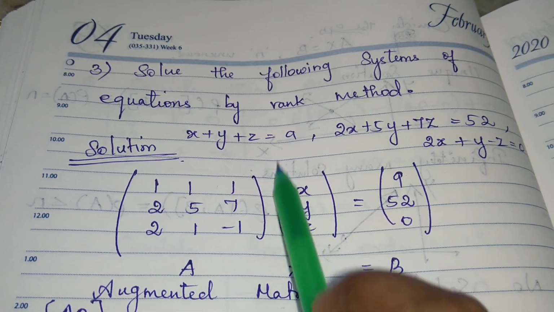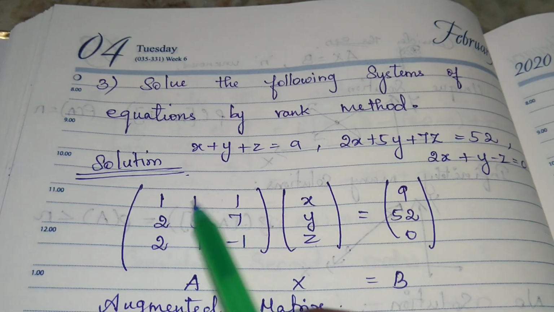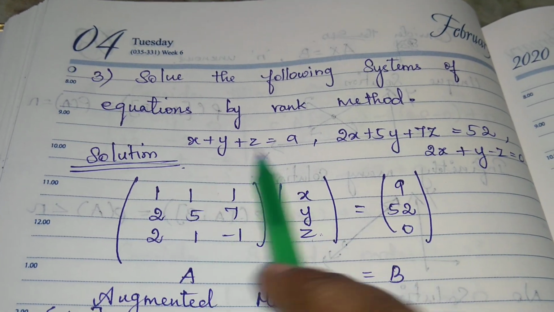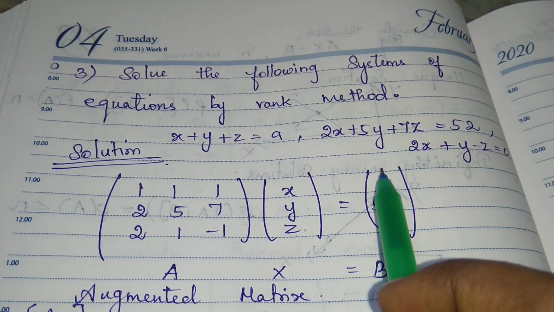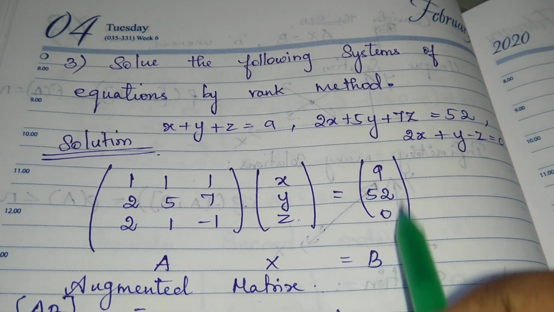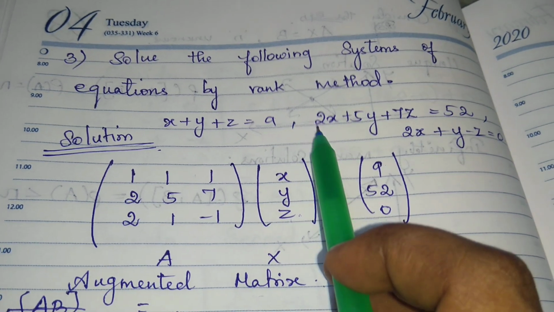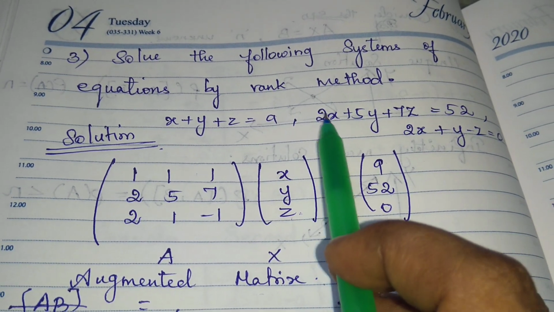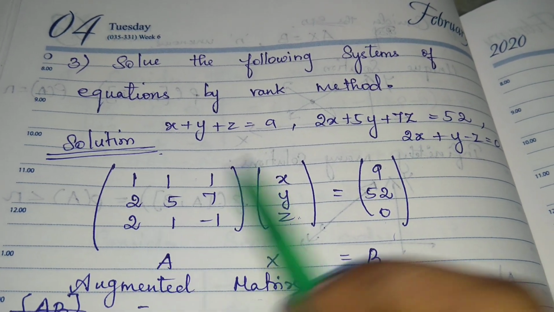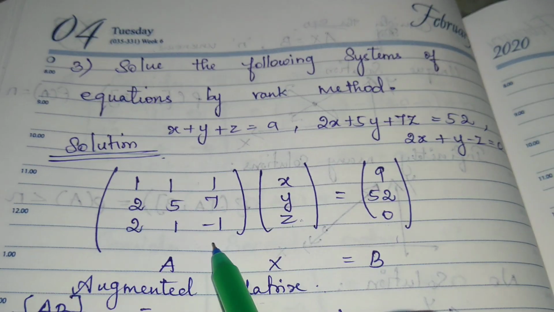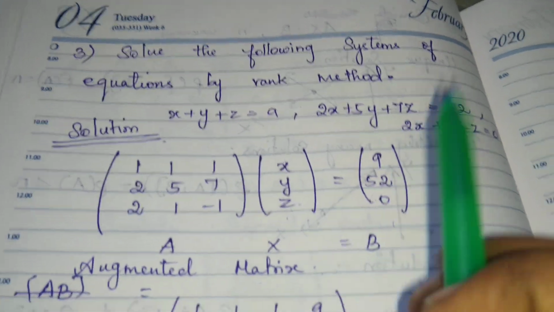If you multiply like this, you will get back your equation, which is equal to all your constant terms: 9, 52, 0. And the second equation's coefficients are 2, 5, 7. So here 2, 1, minus 1. So x, y, z and your constant numbers.